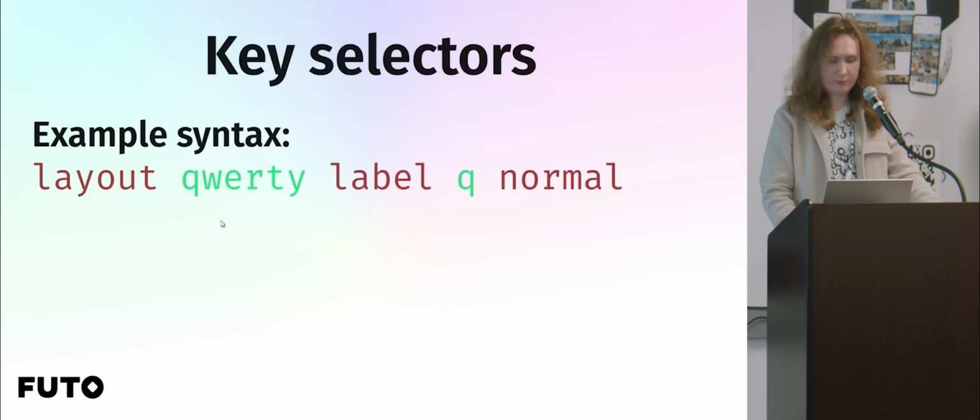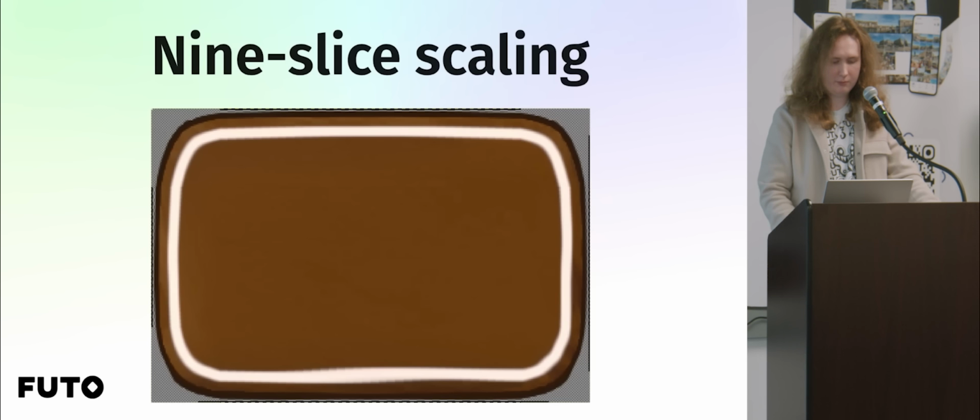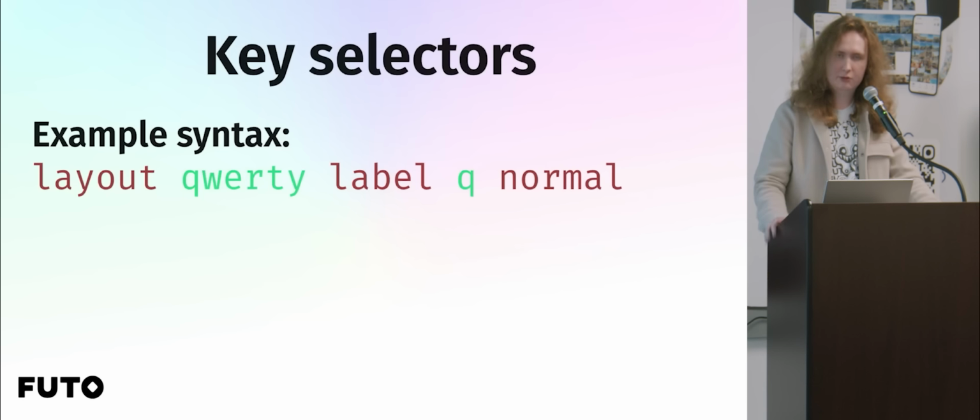Layout, for example, in this case, the argument is QWERTY, so it only affects the QWERTY layout. If you applied this, you would be applying this asset, or whatever other asset you have, to just the Q key on a normal QWERTY keyboard.